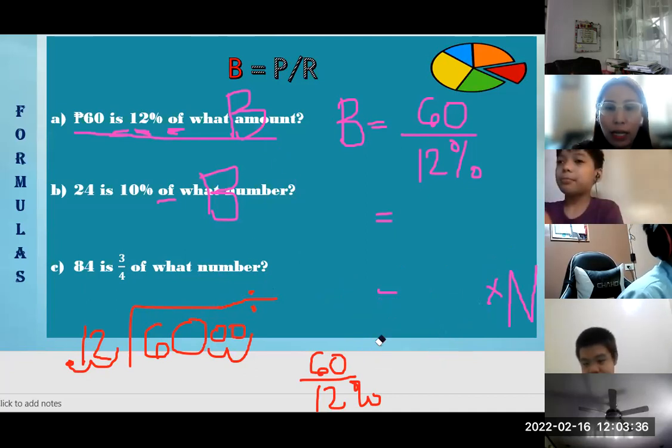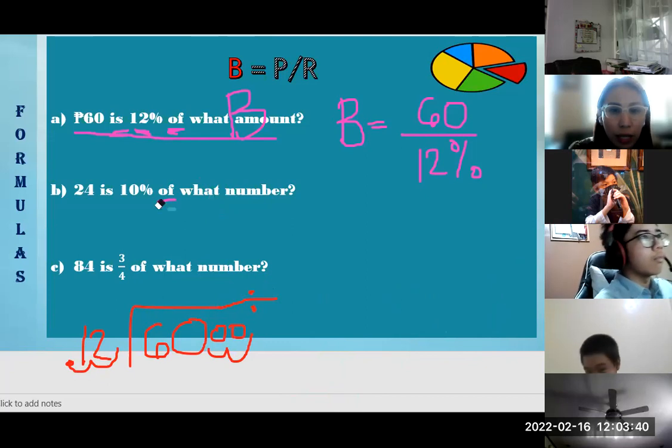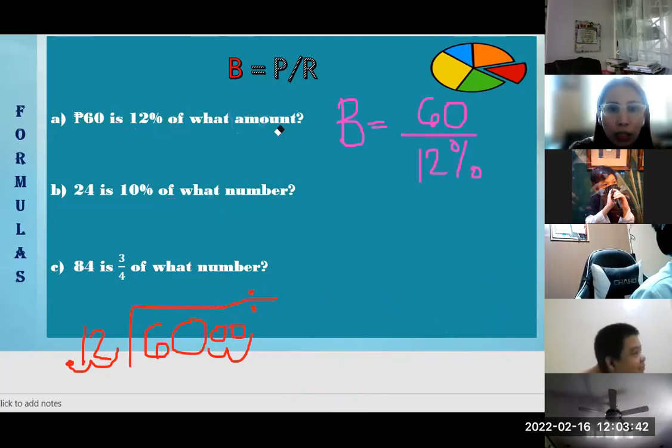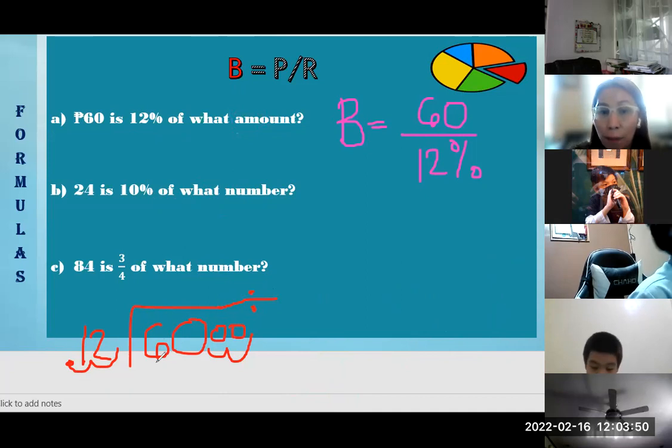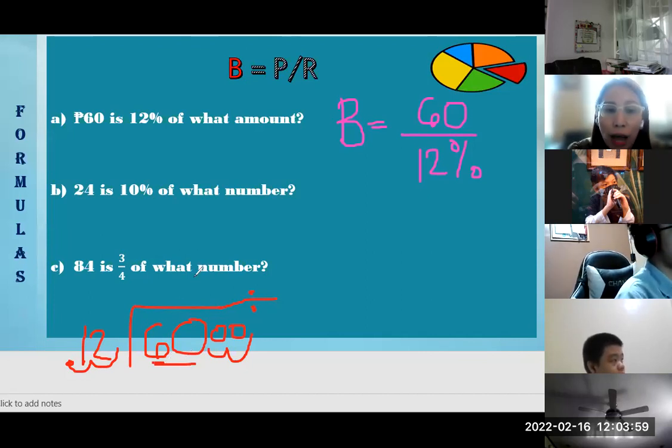So divide na natin. Wait lang class, erase ko lang, para malinis. Can we divide 12 by 6? Hindi po. We have to get 60, right? 60 divided by 12, we have 5. 5 times 12, it's 60.